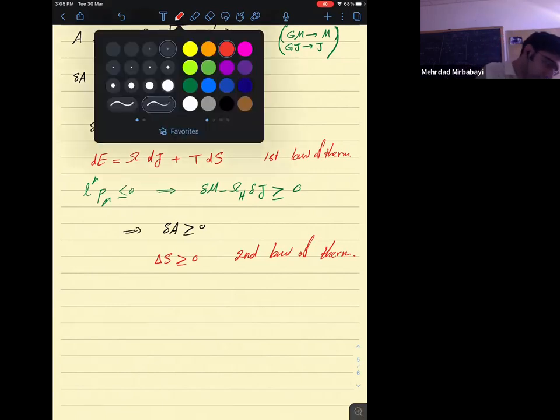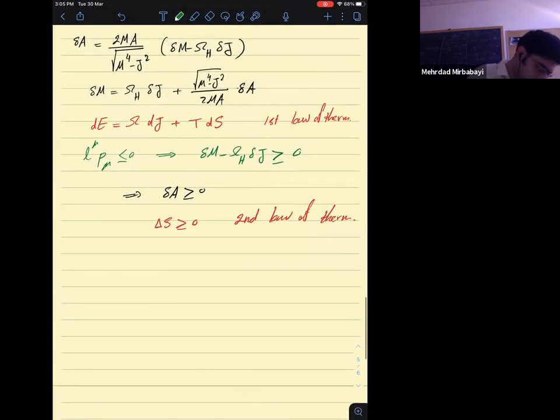These equations suggest that one associate some entropy to the black hole, S black hole, proportional to A, the area of the horizon cross section of the black hole, and therefore a temperature.